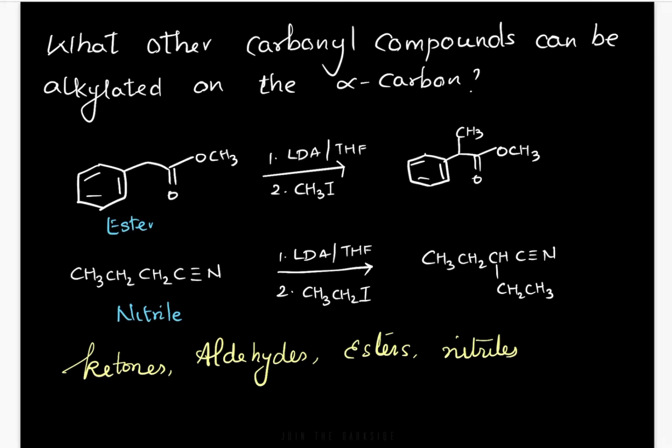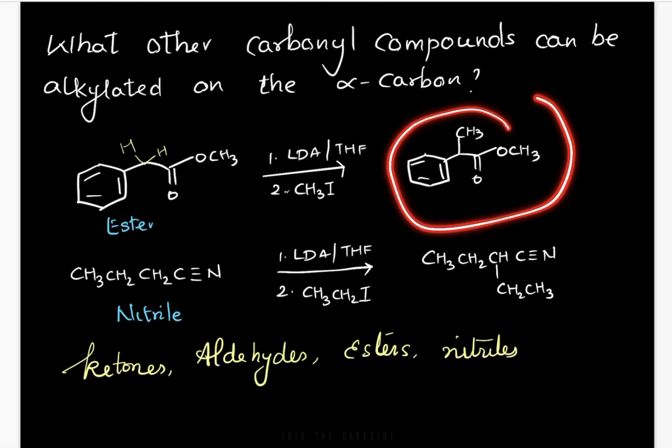Here you have the two alpha hydrogens, and one of those hydrogens will be picked up by LDA, and then the enolate ion will be formed, and the enolate ion will react with the alkyl halide right here. Remember, this is going to act as an electrophile. The carbon is electropositive, and the enolate ion, which is a nucleophile, is going to attack this carbon, and the leaving group I is going to leave, thereby forming this product.